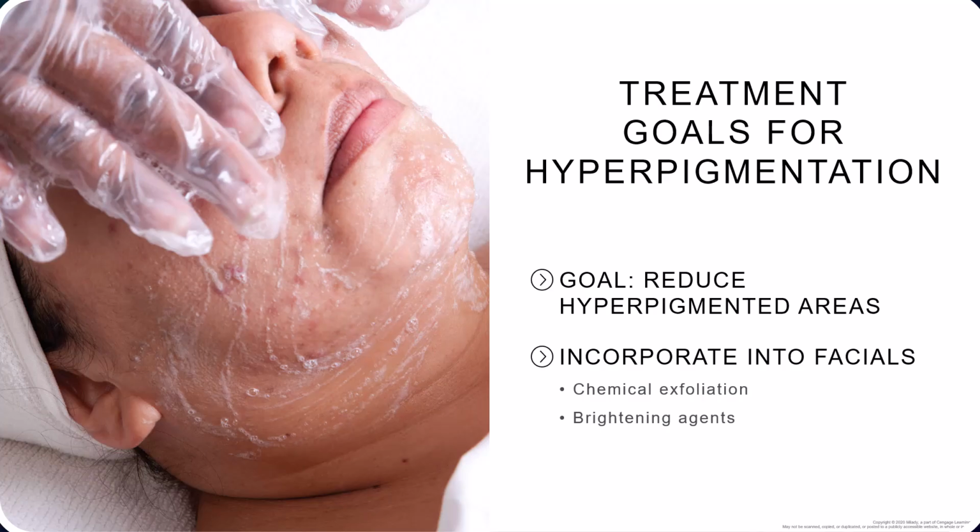So for our treatment goal for hyperpigmentation, it's going to be overall to reduce the hyperpigmented areas, and chemical exfoliation and brightening agents can be effective in reducing some of those areas. Things that we can incorporate into our facials would be ingredients that can help brighten the appearance of the skin and work to help reduce the appearance of dark spots.